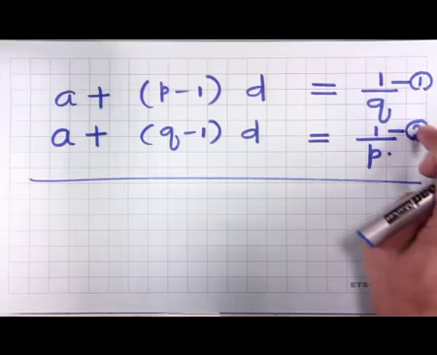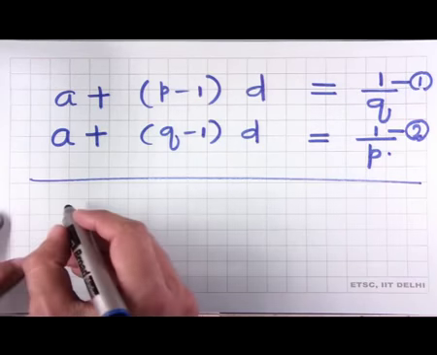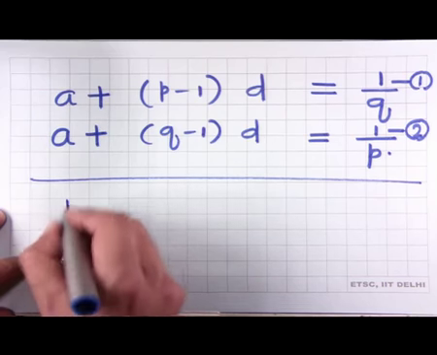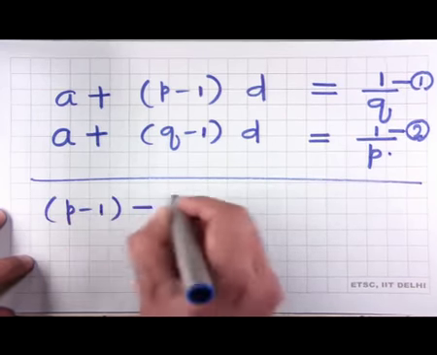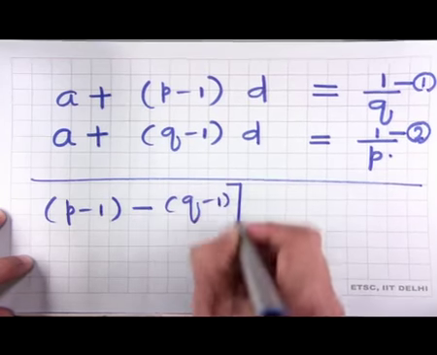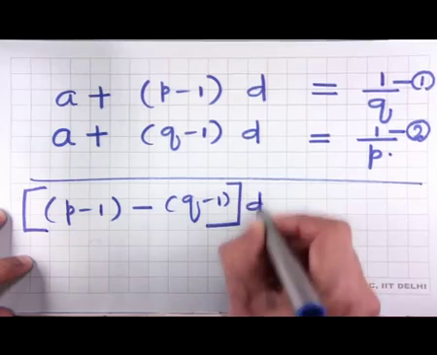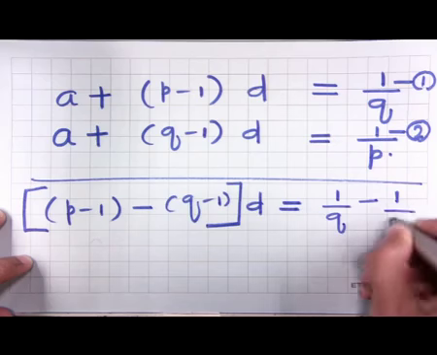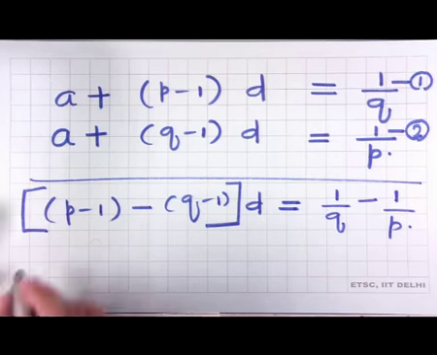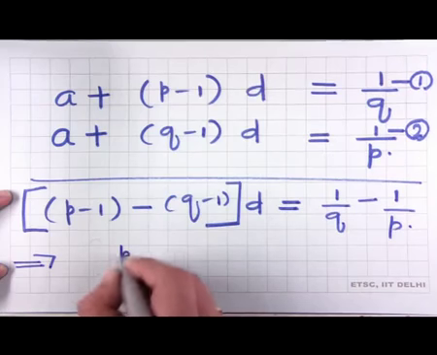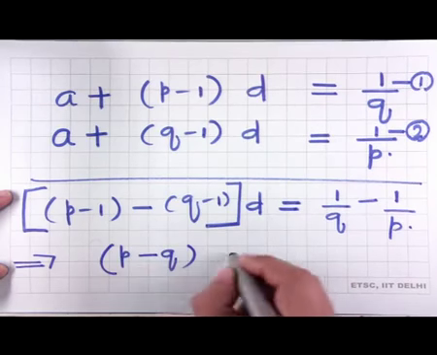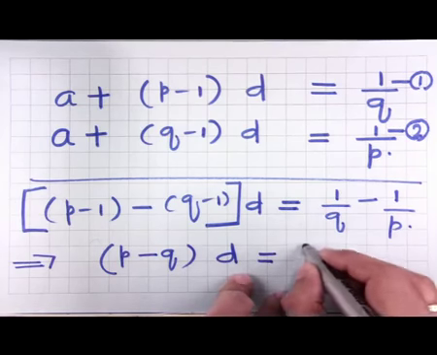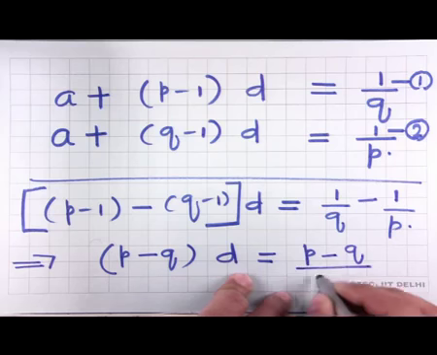Let us subtract the second equation from first, which will yield p minus 1 minus q minus 1 times d equal to 1 by q minus 1 by p, which boils down to p minus q times d equal to p minus q by qp.